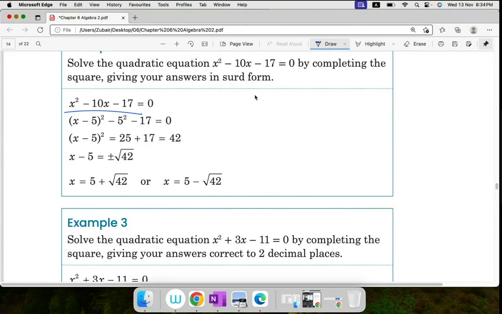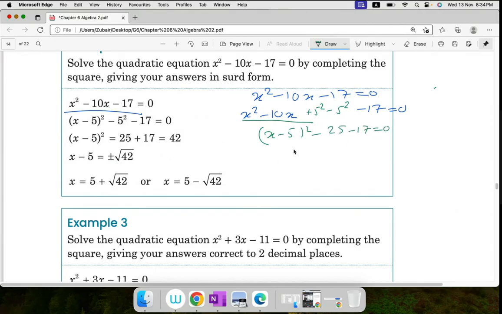Now we have x squared minus 10x minus 17 equal to 0. So we write the first two and then the 17, and in between that was 10, so half of that is 5. Plus 5 squared minus 5 squared. Basically closing the first three, that is x minus 5 whole squared minus 25 minus 17 equals 0. So x minus 5 whole squared equals 42.